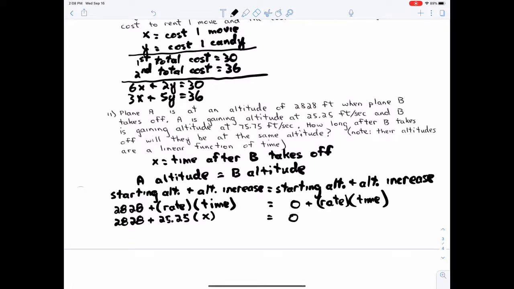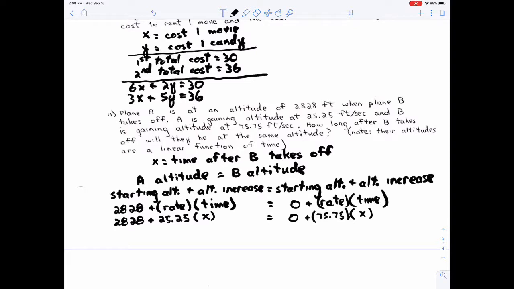And then the rate is 75.75, and the time is x. So in this case, the time for both of them, even though plane A has been flying longer, is the same for both of them because this problem starts at the moment at which B takes off.